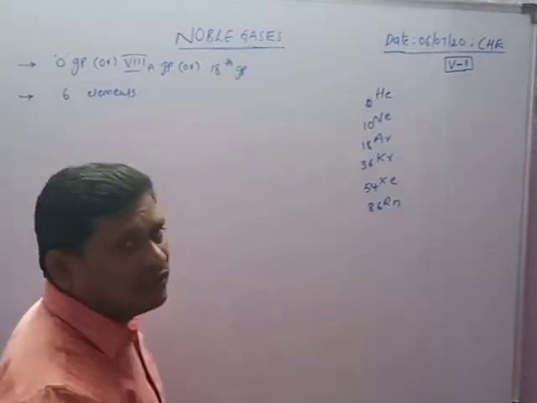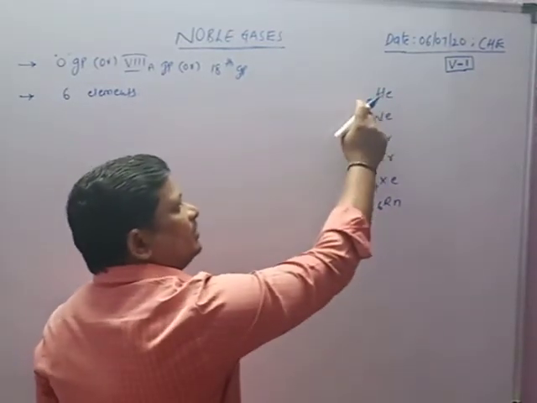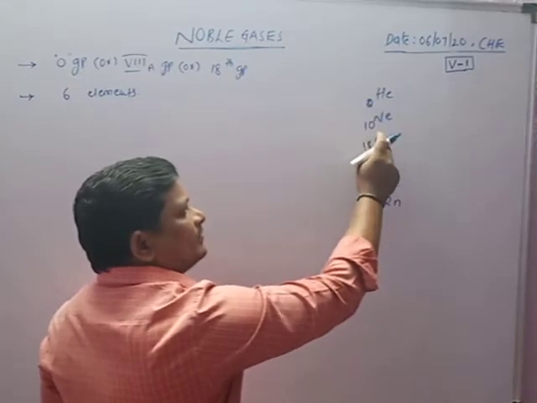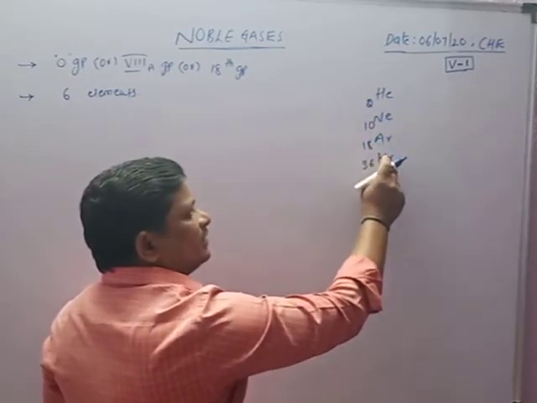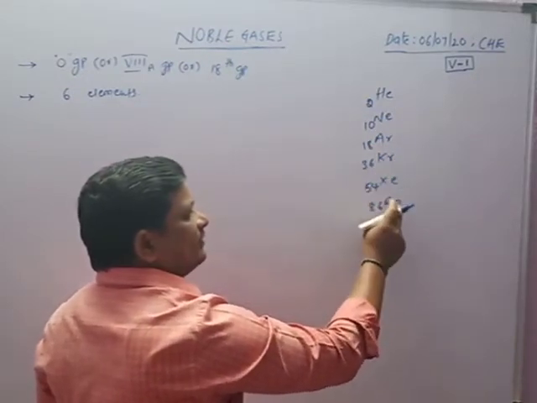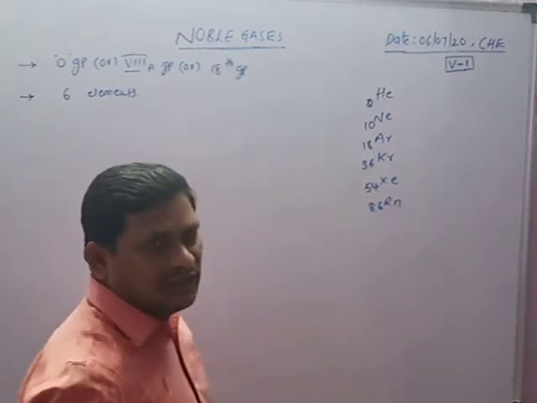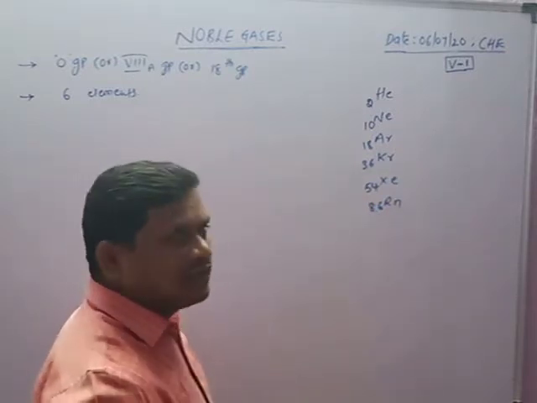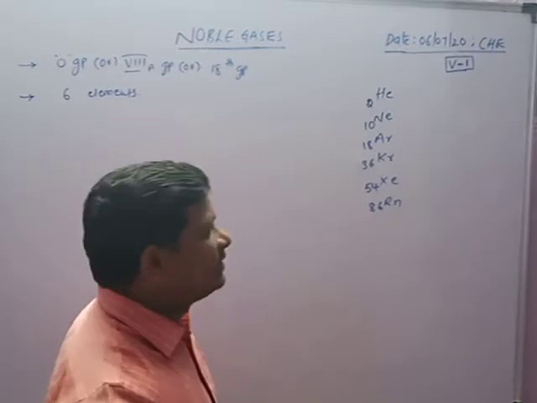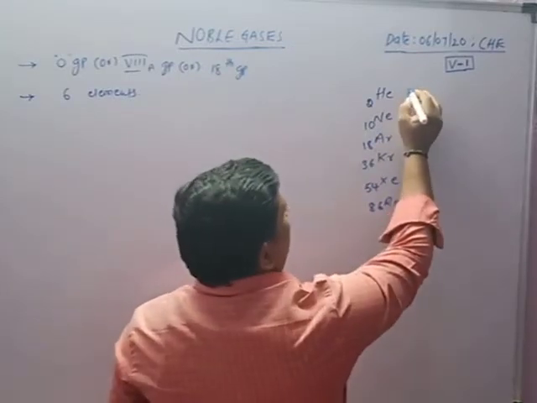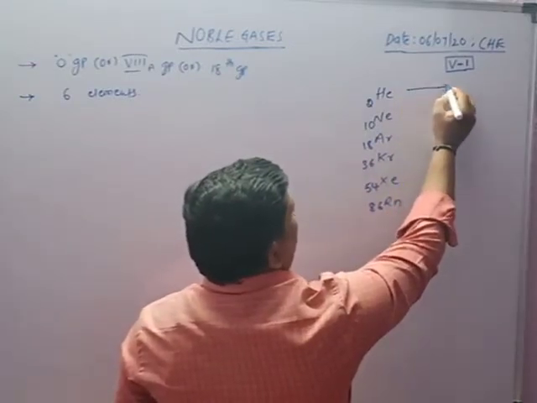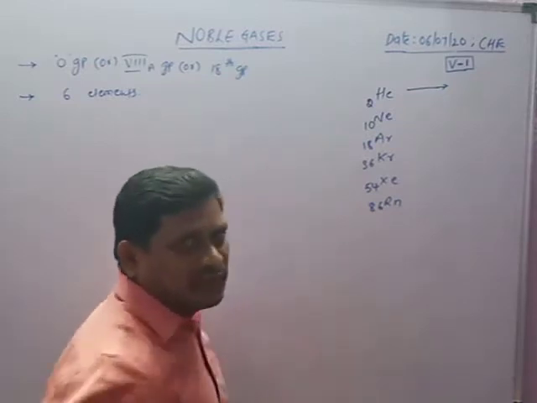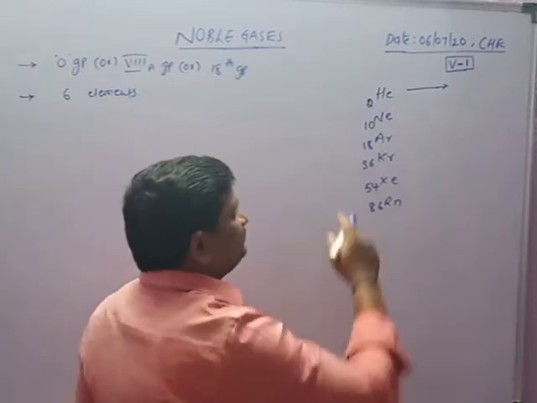So helium 2, neon 10, argon 18, krypton 36, xenon 54, radon 86. In a neutral atom, atomic number equals the number of electrons. Now the electronic configuration of these elements with respect to the nearest noble gas.